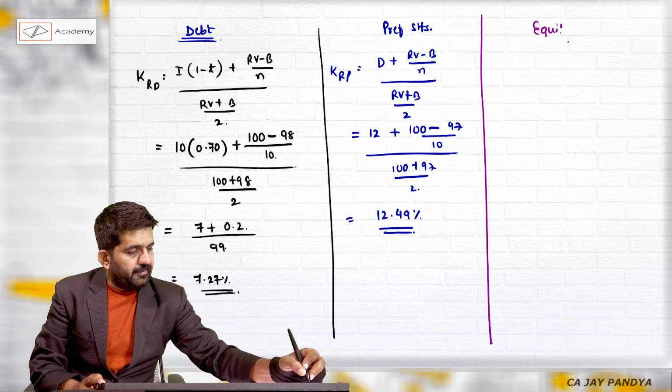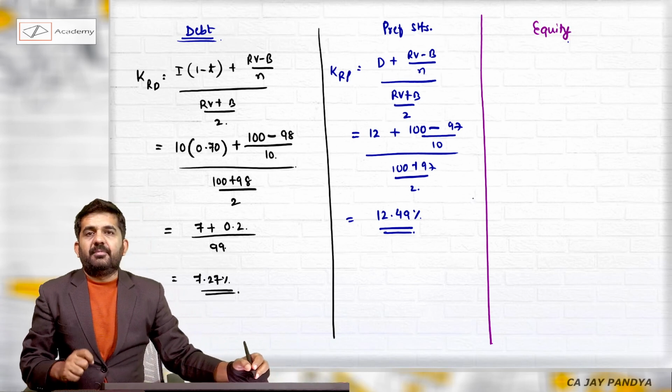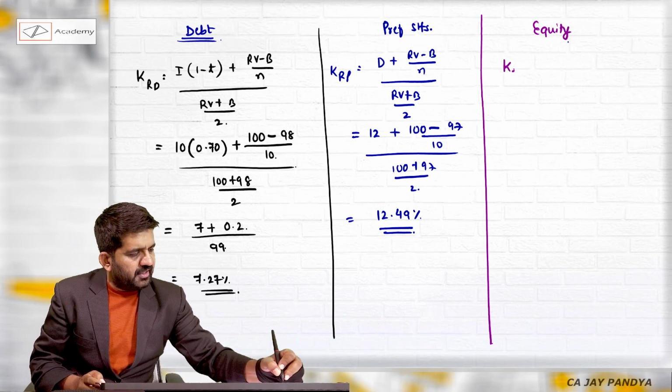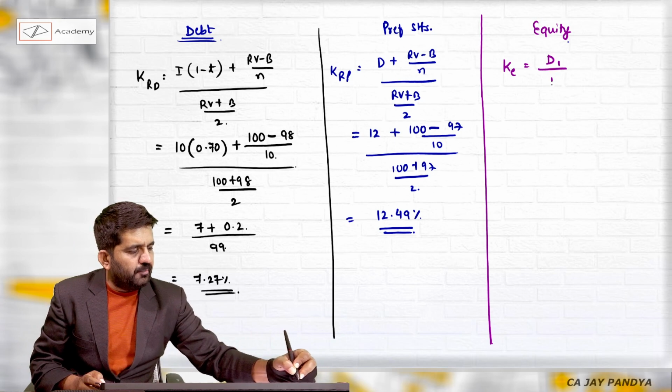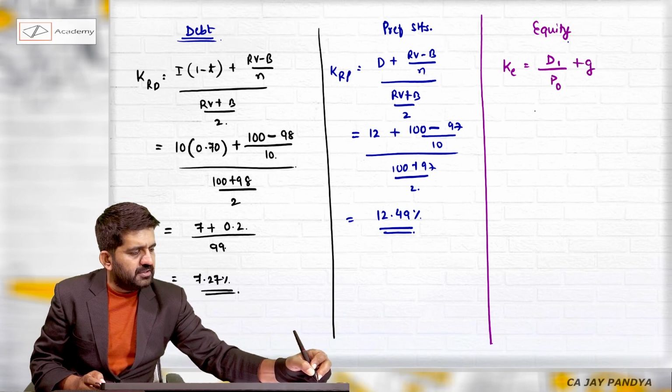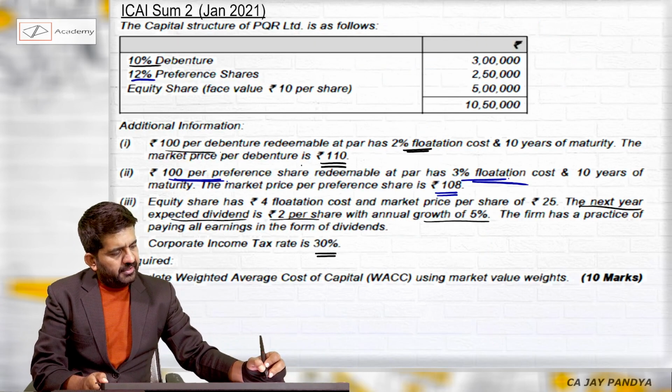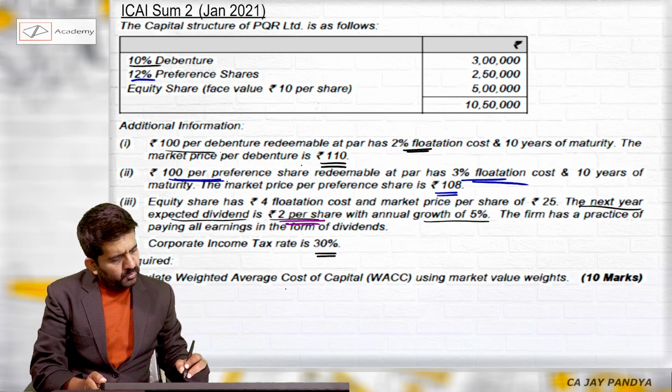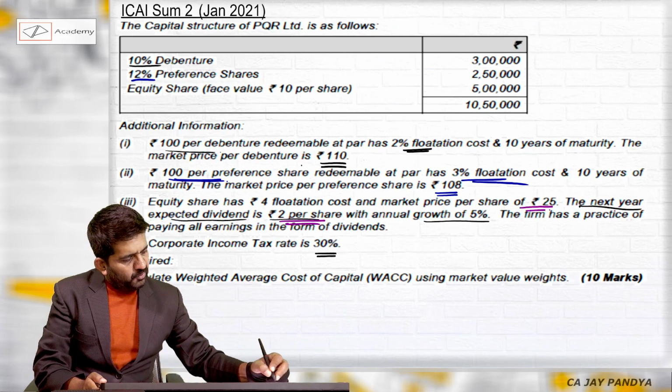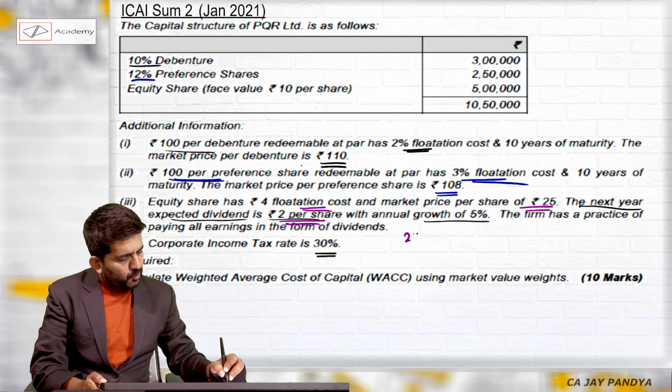Equity. I will be using dividend model with growth. KE is equal to D1 upon P0 plus G. Here D1 is given, 2. P0 will be 25 minus 4. 25 is market price minus 4.